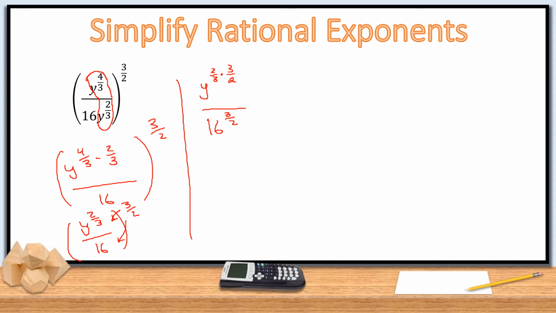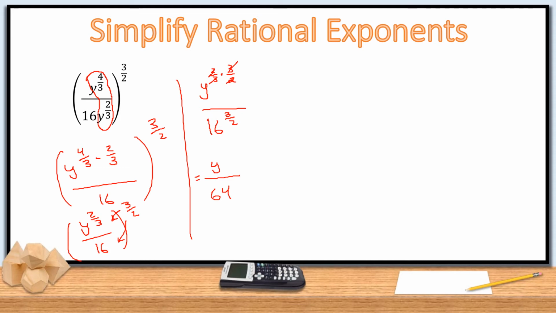So y to the power of 2/3, so they cancel and they cancel, so it just ends up being a y on top. And then 16 to the power of 3 over 2 is, so remember from the last lesson, divided by 2 is square root of 16, so that's 4, and 4 to the power of 3 is 64. So this would simplify to be y over 64.